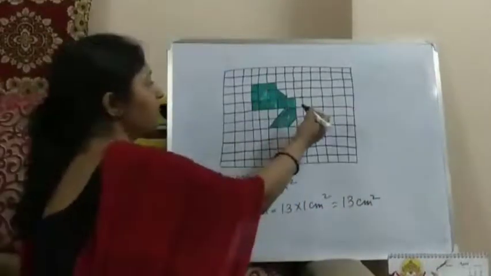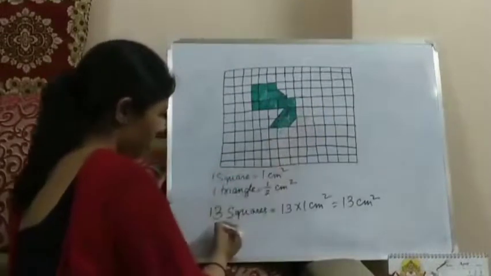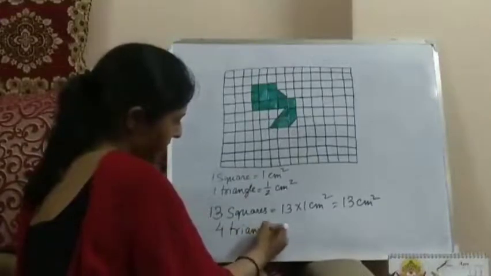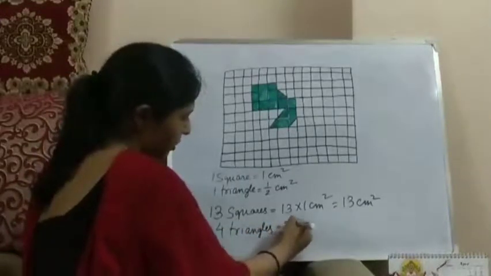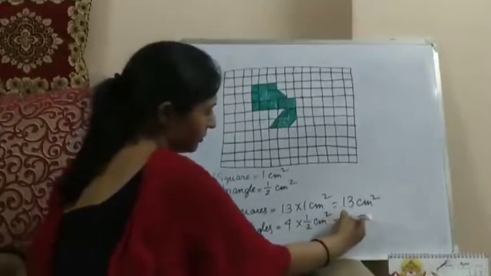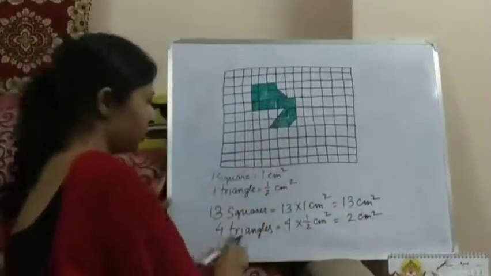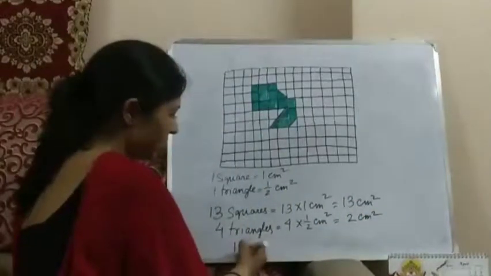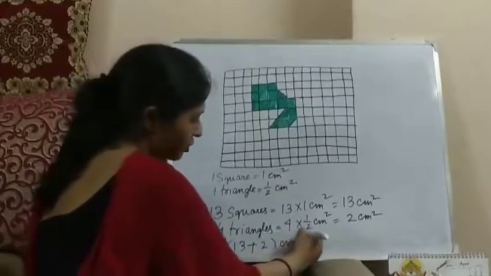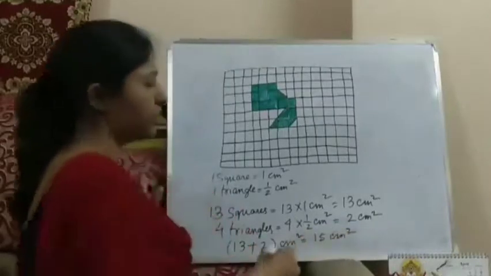And how many triangles are here? 1, 2, 3, 4. Four into half centimeter square. So easily we get 13 plus 2 centimeter square, that is 15 centimeter square.